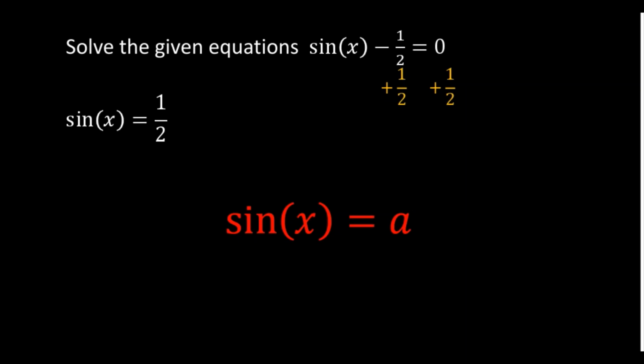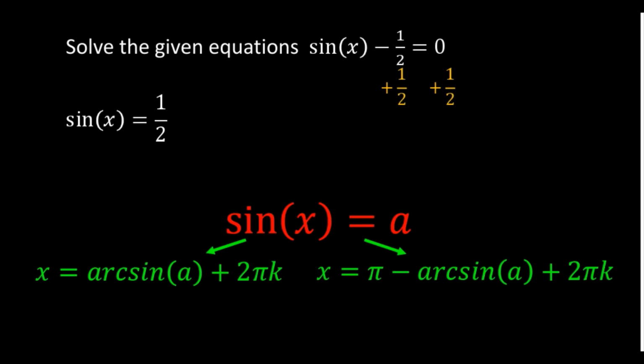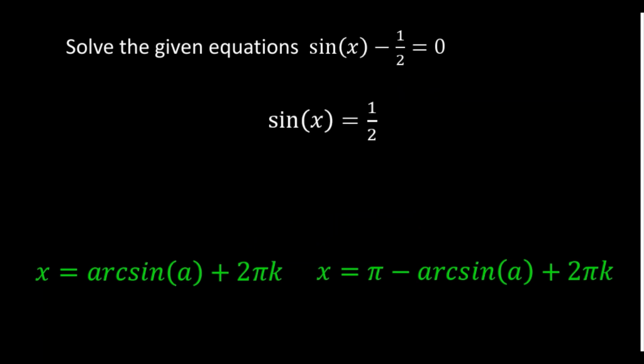Now remember that when sine of x equals a, there are two equations for our angle x. X equals arc sine of a plus the period 2 pi k, and x also equals pi minus arc sine of a plus the period 2 pi k. So now we will apply that to our equation.